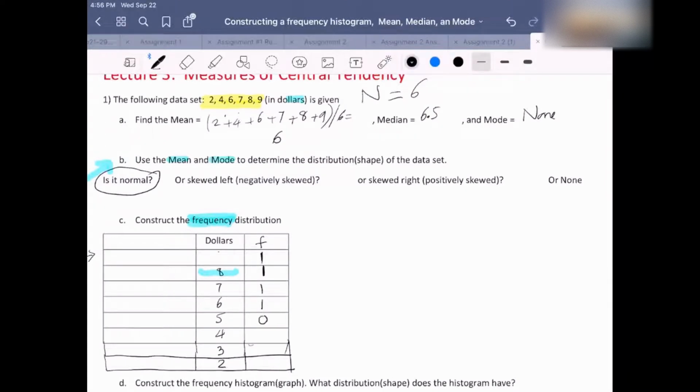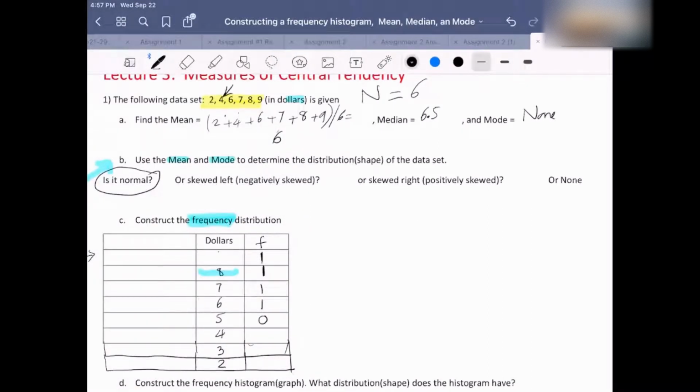All right, let's move on to number 4. How about Yahir? Can you tell me the frequency of number 4? I don't know. All right, so if you look at the list, this is the number 4, right?